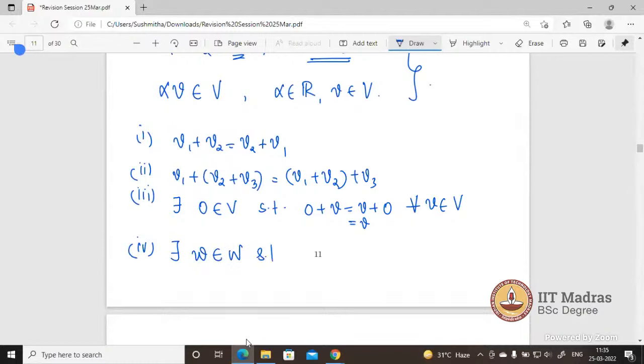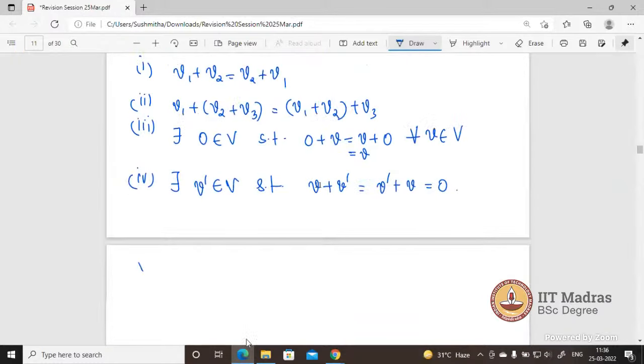There exists a W in V such that V plus W is equal to W plus V, which is equal to 0. Yeah, the additive inverse. It can be V prime also, right? Additive inverse. I am just using W, V prime. Okay. So there is a vector like this.